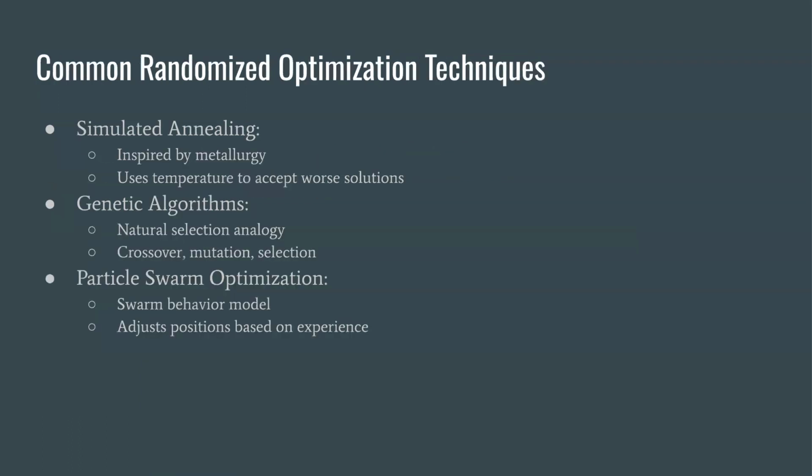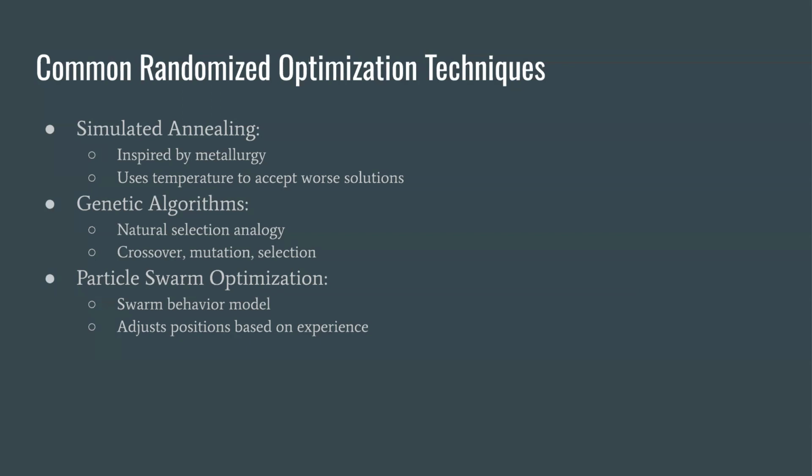Common randomized optimization techniques. There are several randomized optimization techniques commonly used in machine learning. Simulated annealing is inspired by the annealing process in metallurgy and uses a temperature parameter to control the probability of accepting worse solutions as it explores the search space.